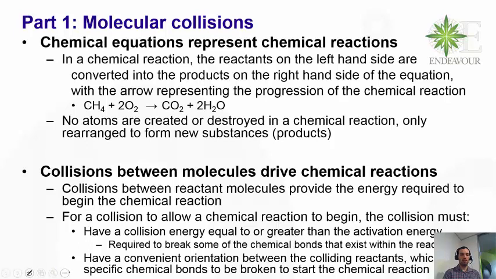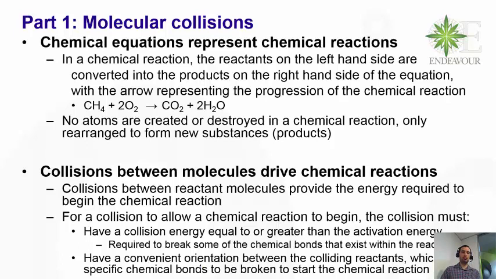As well as having enough energy in that chemical collision between the reactants, we also need to have a convenient orientation between those colliding reactants, which basically means that the correct atoms within the reactants are colliding to break the chemical bonds that need to be broken, so we can then get rearrangement of those atoms to form the products. So if a collision is of high enough energy to meet the activation energy and is a convenient collision, that will allow the chemical reaction to begin.